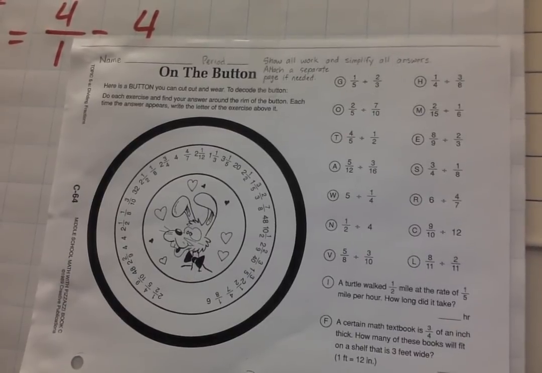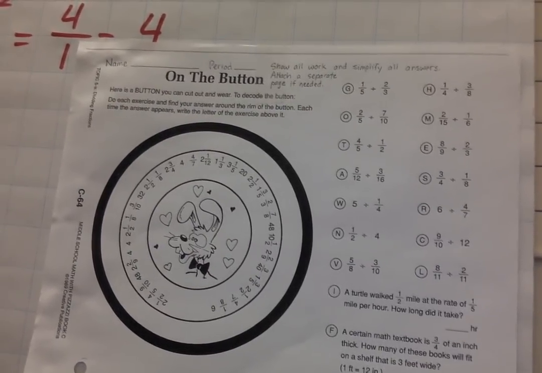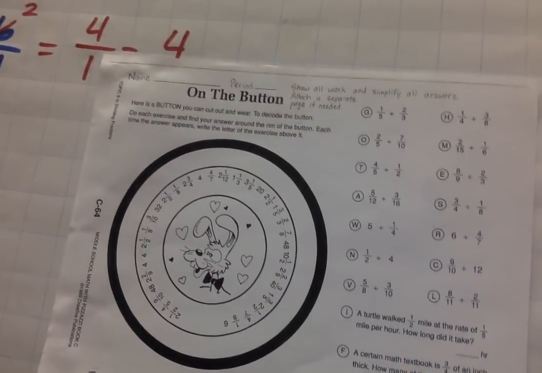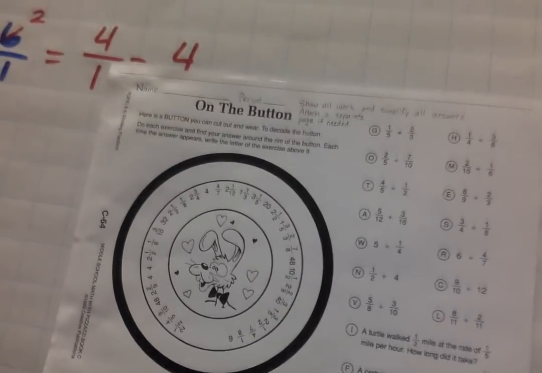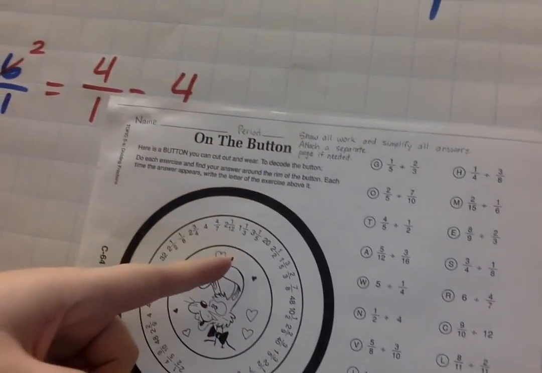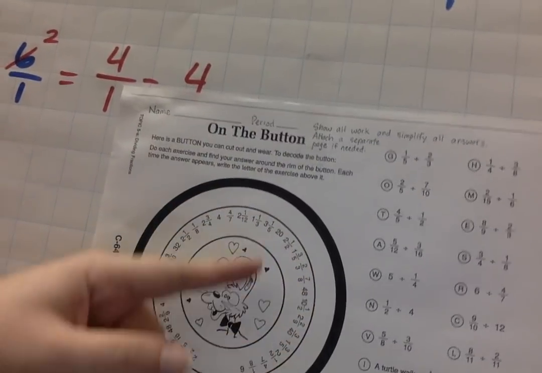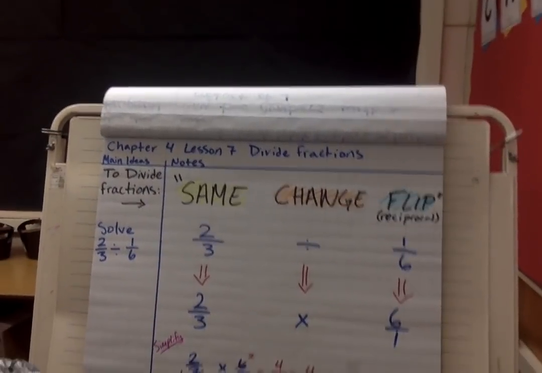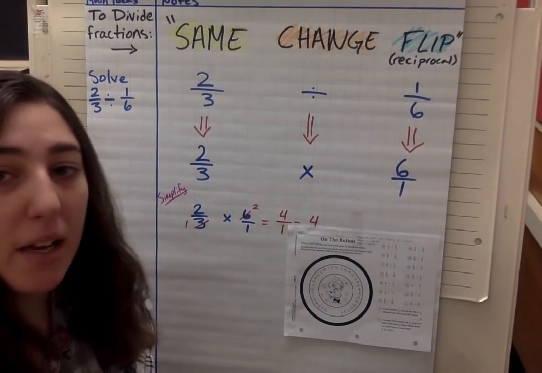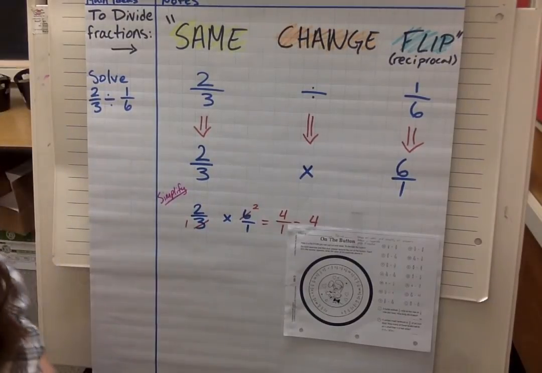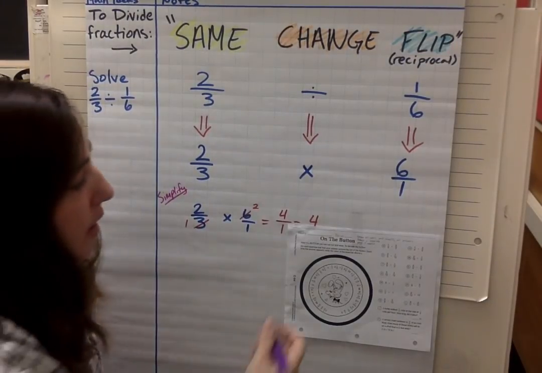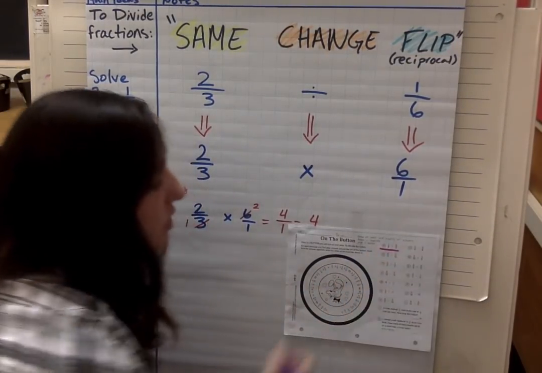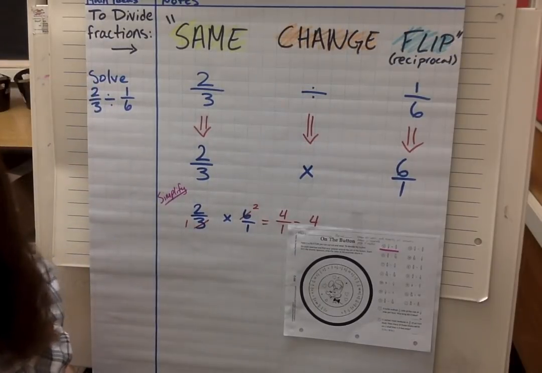So we've got to solve problems G through L. And then once you solve, you're going to find your answer around here. Once you find the answer, you're going to put the letter right above it. Okay, so we're going to do one as an example as a class, and then you will get started on that. So let's do the first one. Let's do G together.